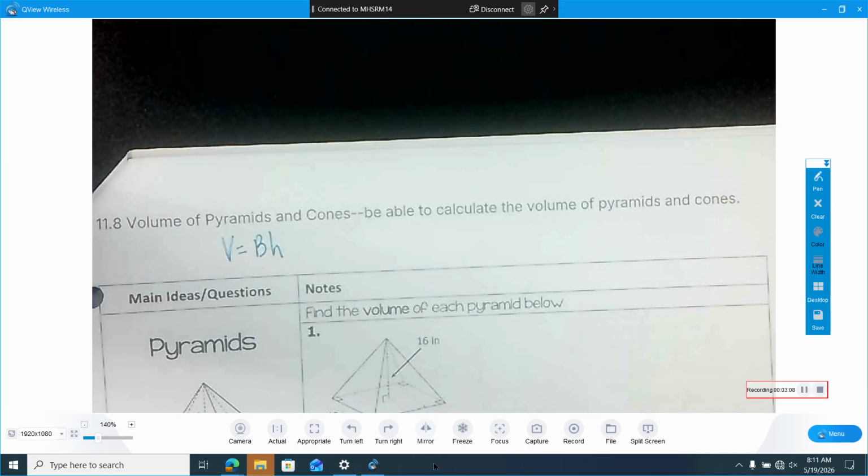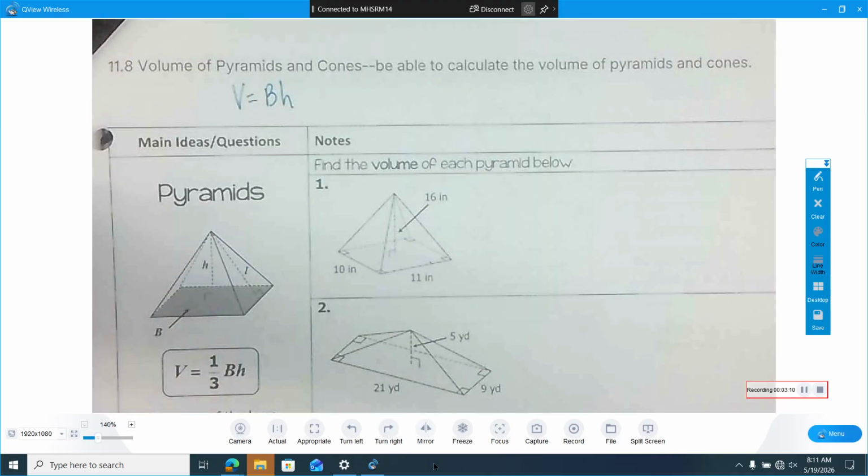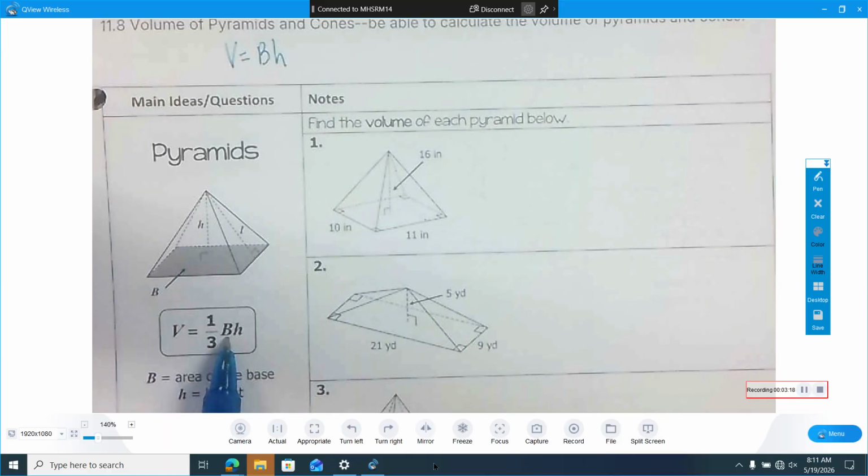I sort of gave it away. Didn't intend to do that though. So we have the same exact formula, area of the base times height, except the shape that comes to a point is just one third of that volume, which is kind of interesting.